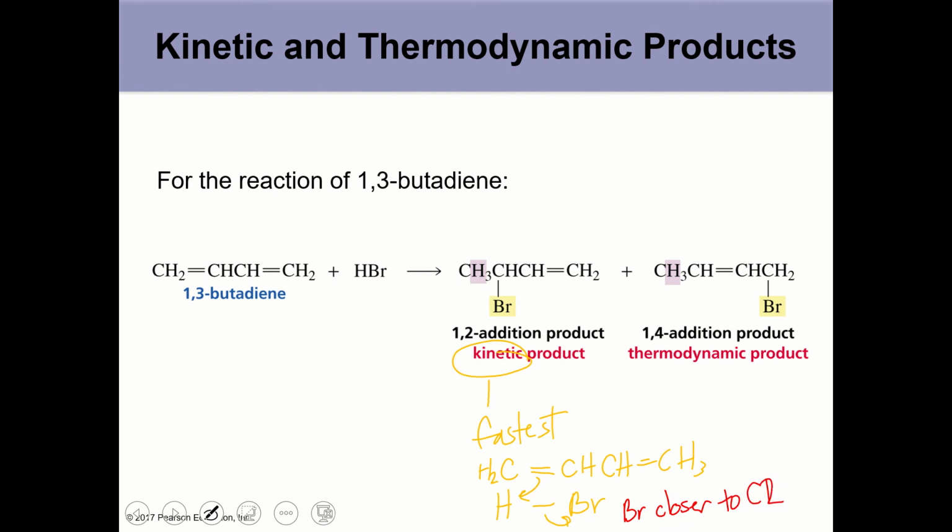And so bonding to C2 can occur more quickly.